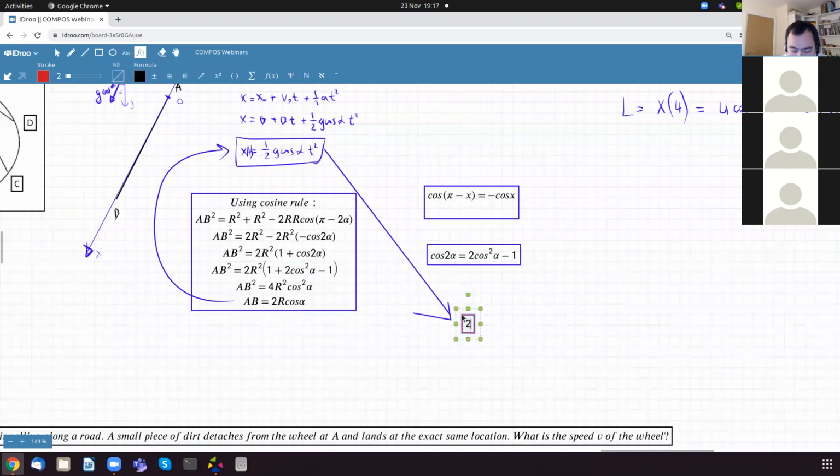2r cos alpha is equal to 1/2 g cos alpha t squared. Cos alpha cancels out.